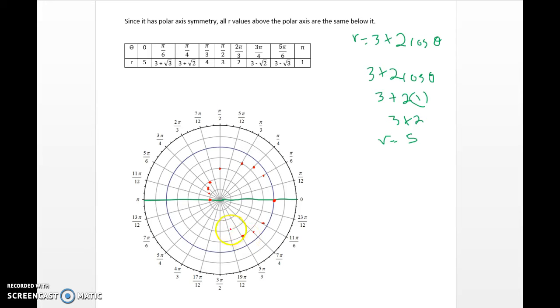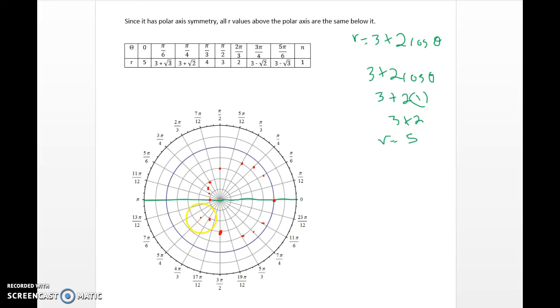And then it's going to be 3 at 3 pi over 2, because 3 pi over 2 and pi over 2 give you the same r. Also, 4 pi over 3 is going to give you the same r as 2 pi over 3, which is 2. So that'll be down here.